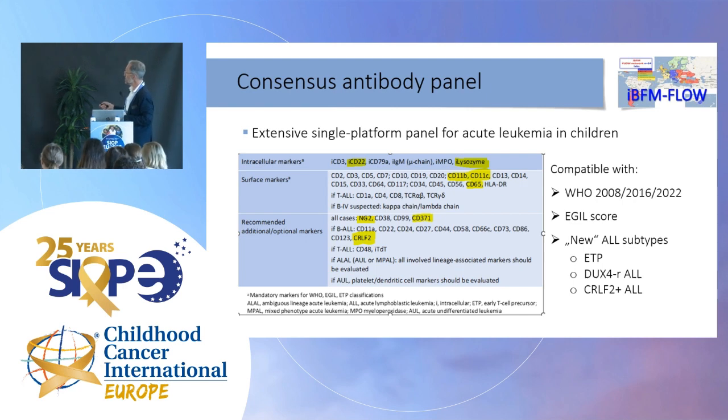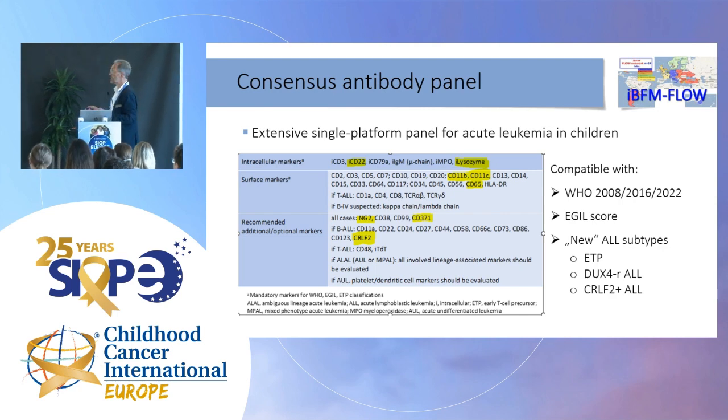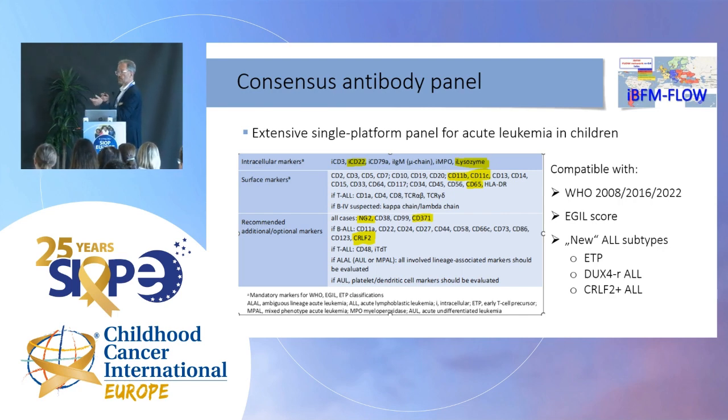It includes markers which really help you, myeloid markers, lymphoid markers, help you to find out what kind of lineage it is. This actually is also defined by WHO and EGIL scores. But then also maturational level. Some of those markers are of interest also for immunotherapies, like you see here, CD33, which, although it's a myeloid marker, you will always also investigate on lymphatic leukemias.